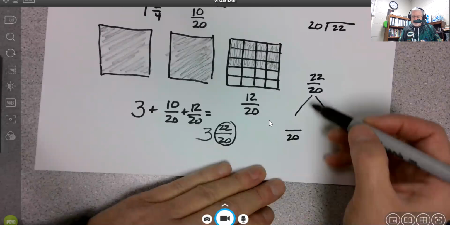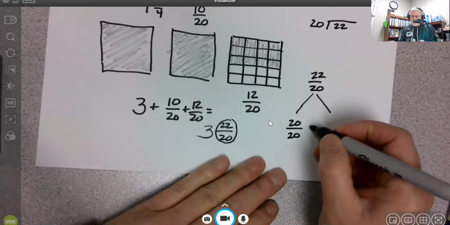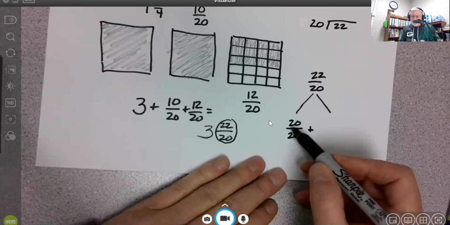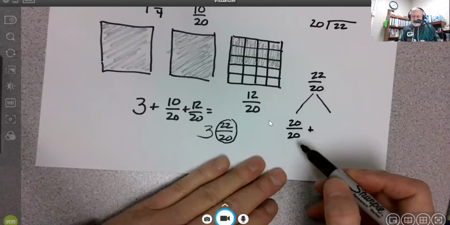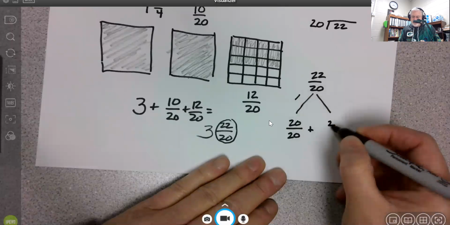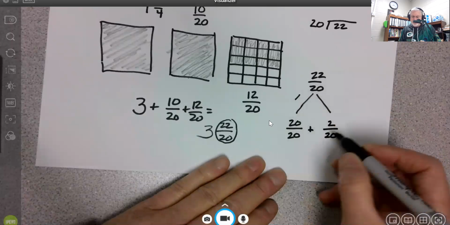Well, it should be 20. 20 over 20 equals a whole. And then I want to add, what do I need to add to 20 to equal 22? Or I could subtract 22 minus 20, and you should get 2. So 20 20ths plus 2 20ths equals 22 20ths.